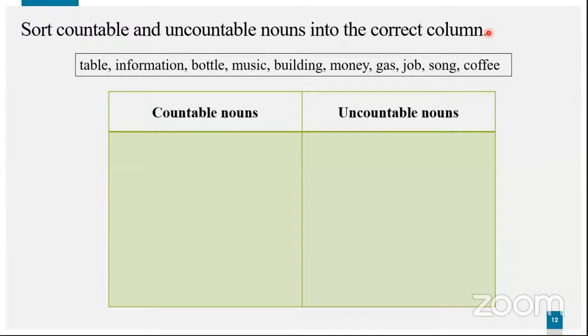If you can write, send the answer with the countable or uncountable, it's good.